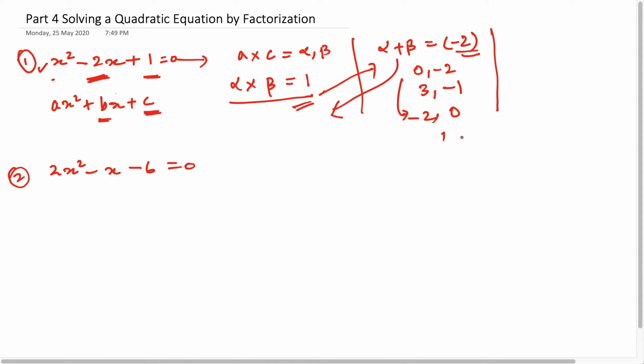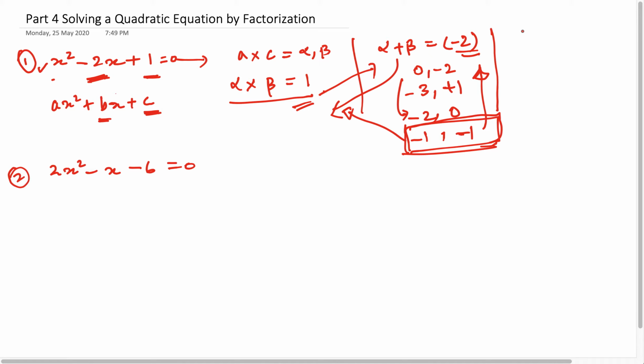So if I put minus 1 and minus 1, you see the sum gives me minus 2 and the product gives me 1, which is what I want.